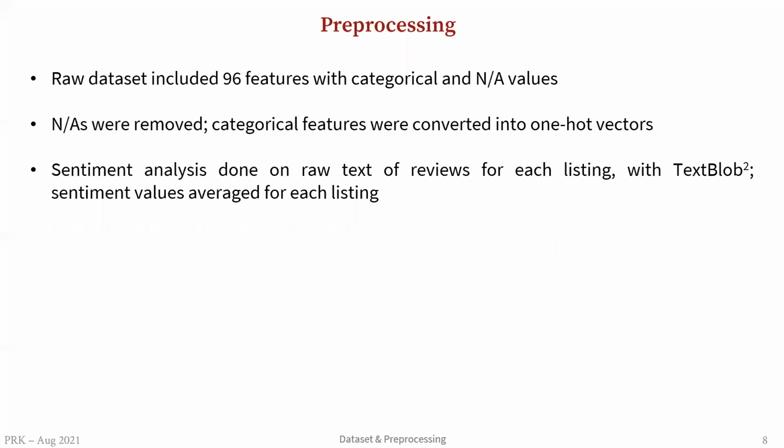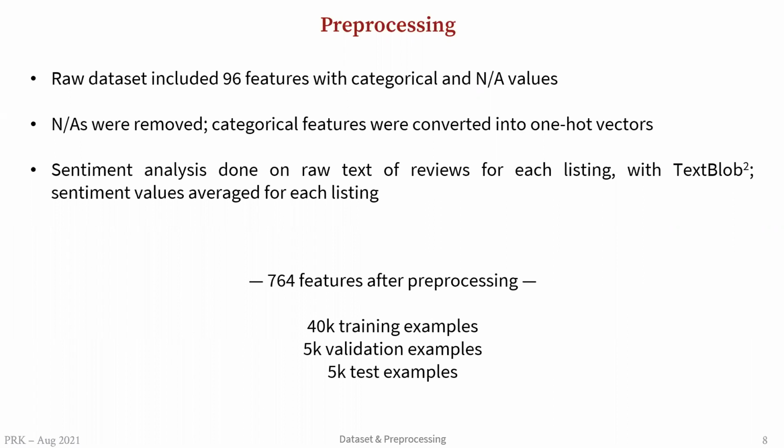The sentiment analysis that we did on the raw text using TextBlob converted the reviews into average sentiment values for each listing, averaging all the sentiment scores for each of the listings and assigning that as a new feature for each of those listings. Finally, we got to 764 features, and we split the dataset into 40,000 training examples, 5,000 validation, and 5,000 test examples.